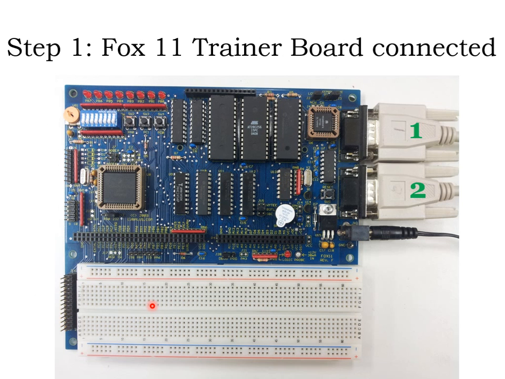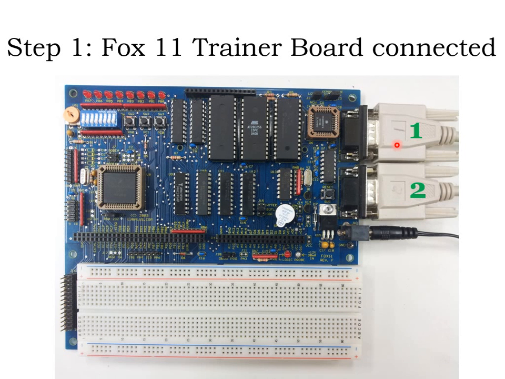Now this is step one. In step one, what do you do? You will have two serial connectors here. When you go to the lab, you will see with every machine there will be serial connectors like this, and they are numbered. One of the serial connectors will be numbered 1, and another one numbered 2.